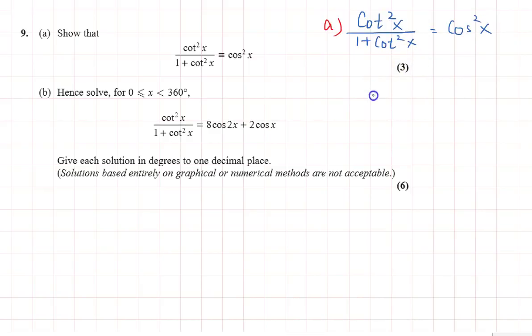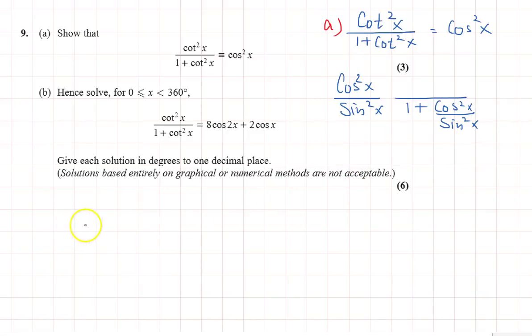So cot square x will be equal to cos square x over sine square x, and this will be 1 plus cos square x over sine square x.